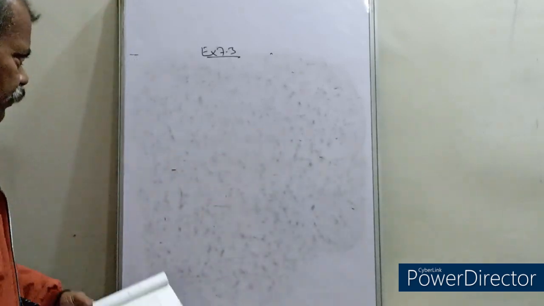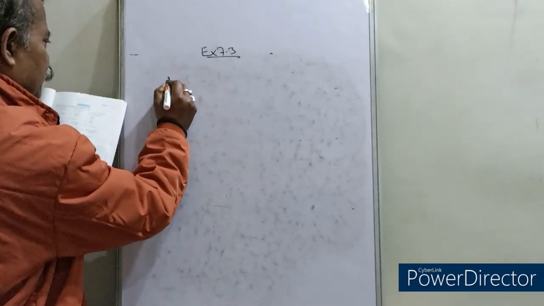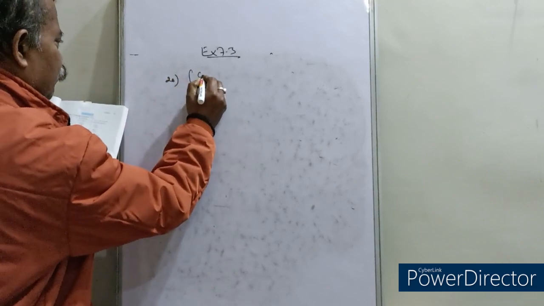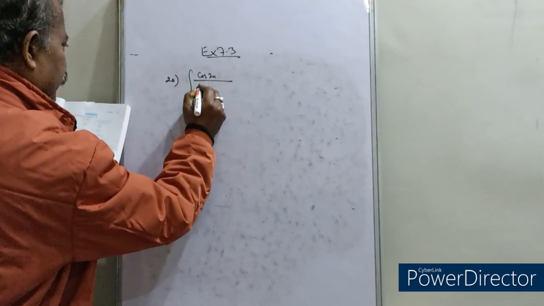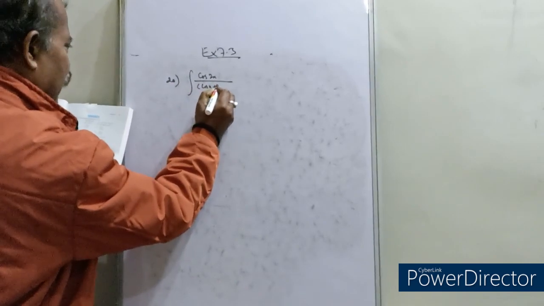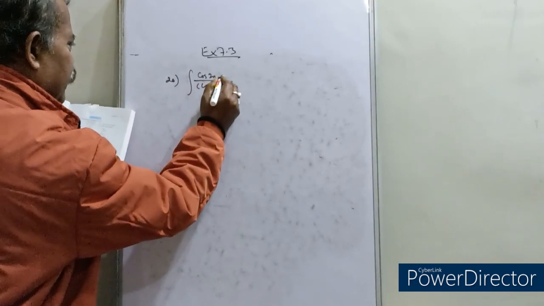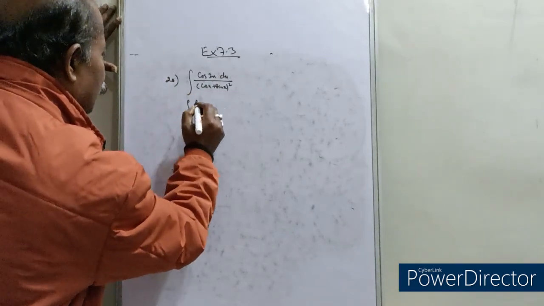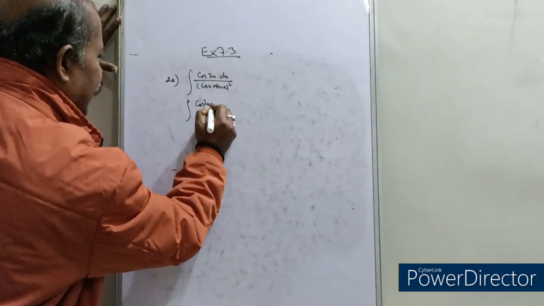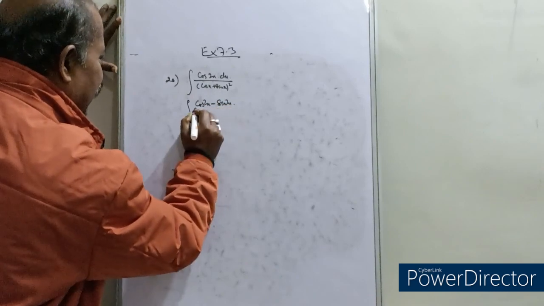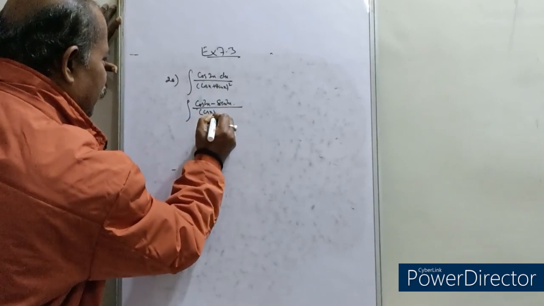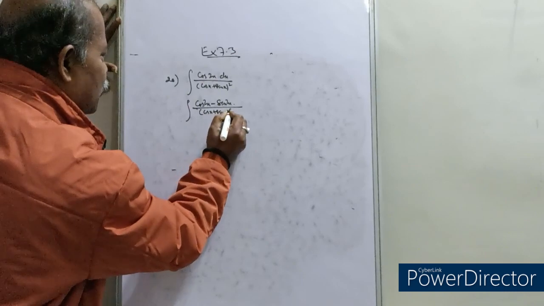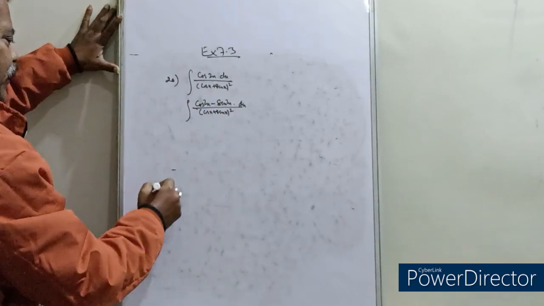To solve question number 20, integration of cos 2x by (cos x plus sin x) the whole square dx. How to solve it? So here you see, this is easy, because cos 2x is cos square x minus sin square x, and this is over (cos x plus sin x) the whole square dx, a square minus b square.